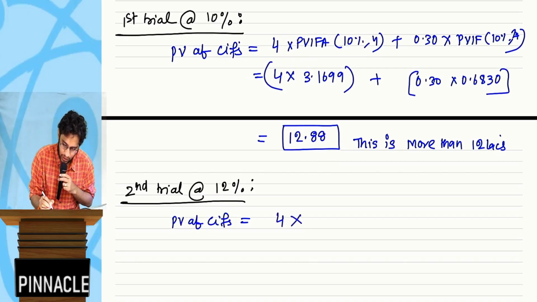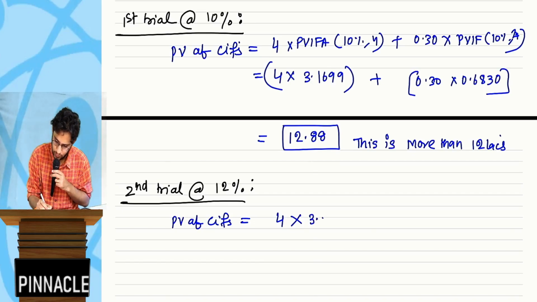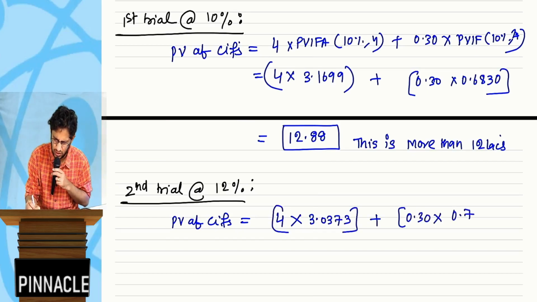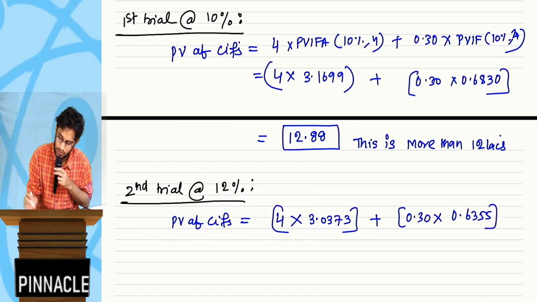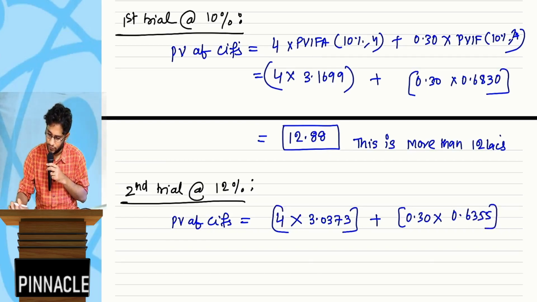This time I'm directly writing the annuity factor, sir. 1 divided by 1.12, 1, 2, 3, 4, GT, 3.0373 plus 0.30 into 0.7118, then another 0.6355. Safe side. 1, 2, 3, 4, correct. 4 into 3.0373.